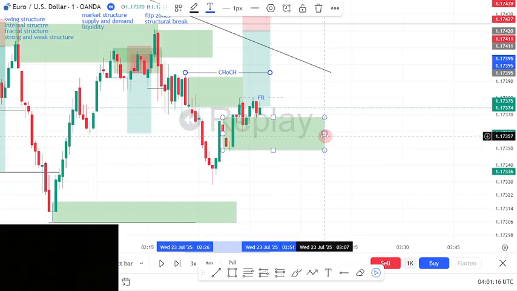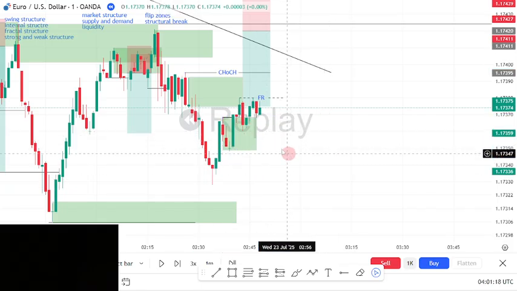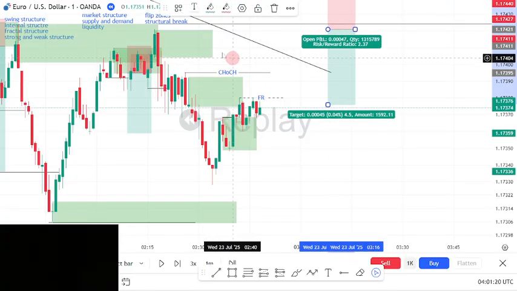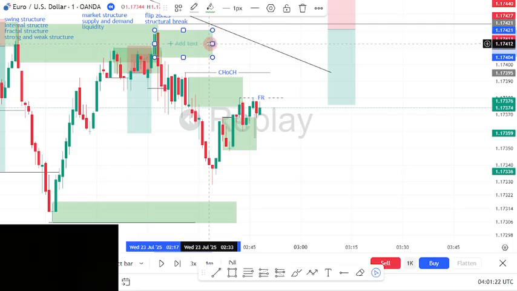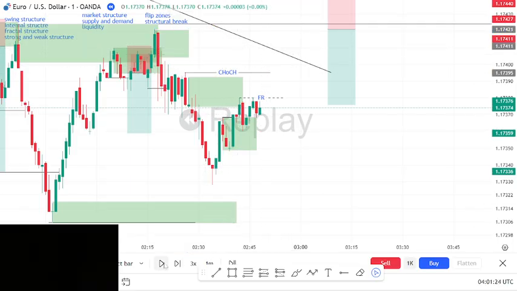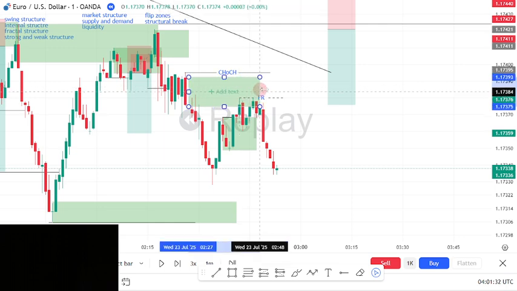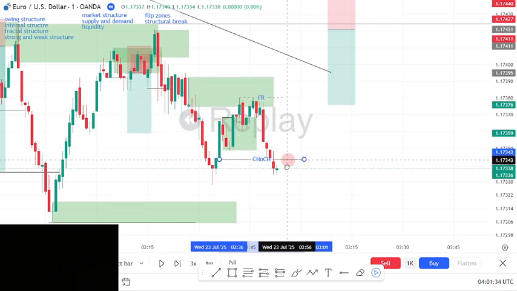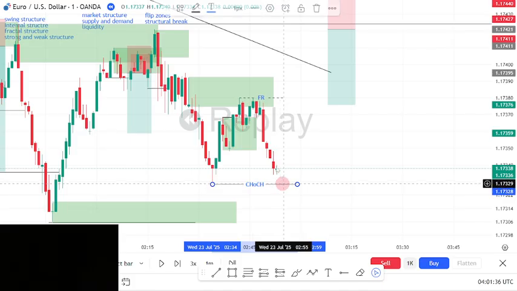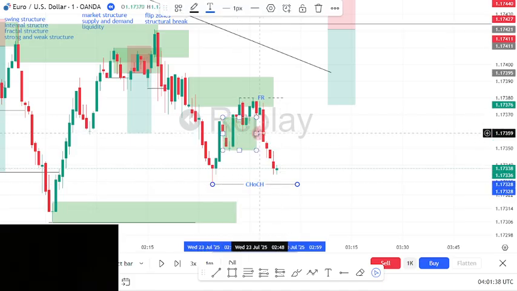But still, this demand zone was mitigated. So demand, supply, hold, supply held yesterday. We build these sorts of structures. Price will pull back.